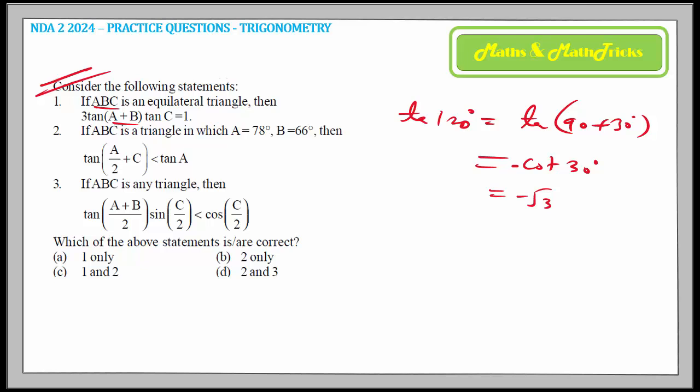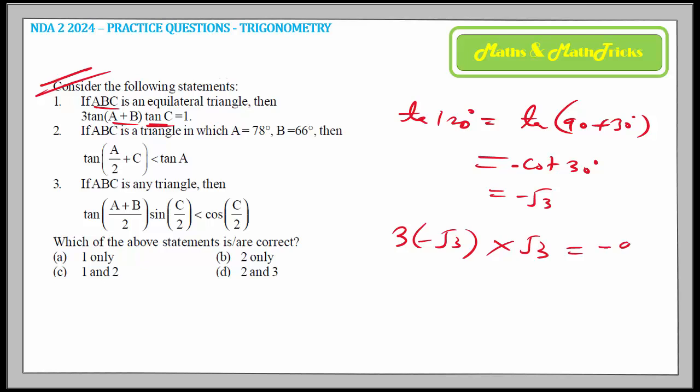So basically the value of tan (A plus B) is becoming minus root 3. So you have 3 into minus root 3 multiplied to tan C. What is tan C? Tan 60. Tan 60 is the ratio of sin 60 to cos 60, which is again root 3. So root 3. So ultimately what are you getting?